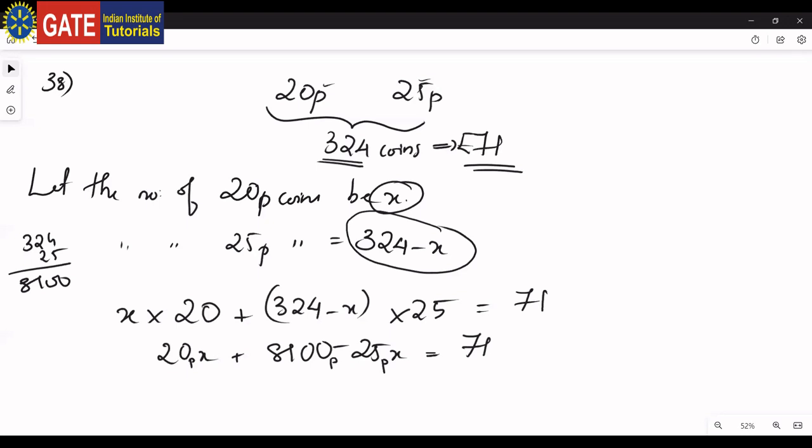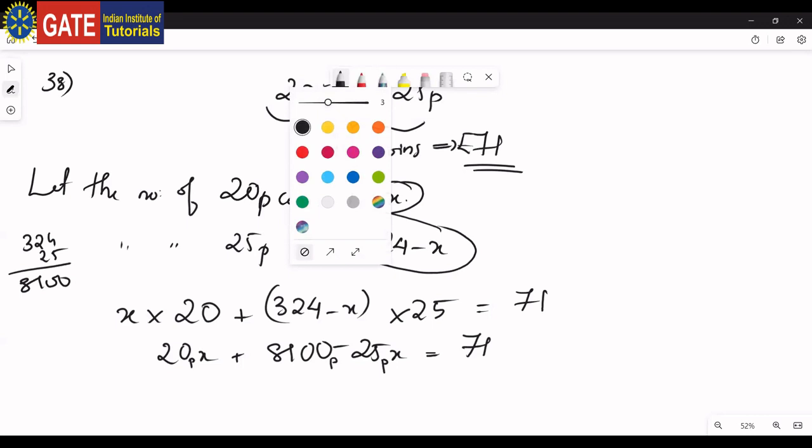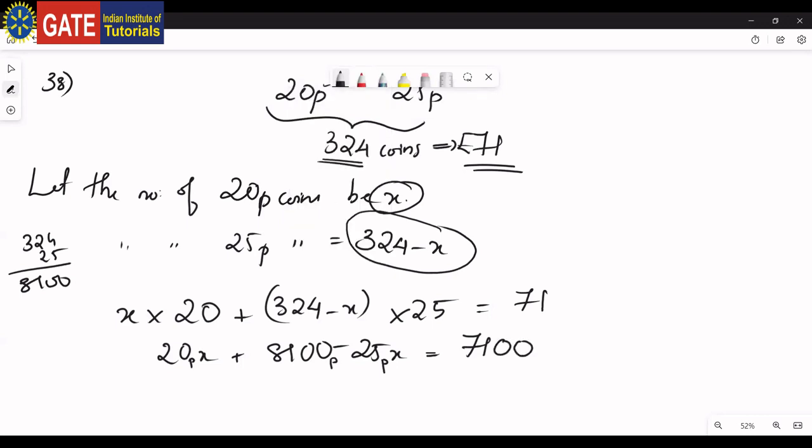Isn't it 100? Yes. So 71 rupees means 71 into 100 paise, right? So it becomes 71 into 100. And what is 71 into 100? 71 into 100 is nothing but 7100. Got it? So this also becoming paise. Now everything is clear. You can go forward.